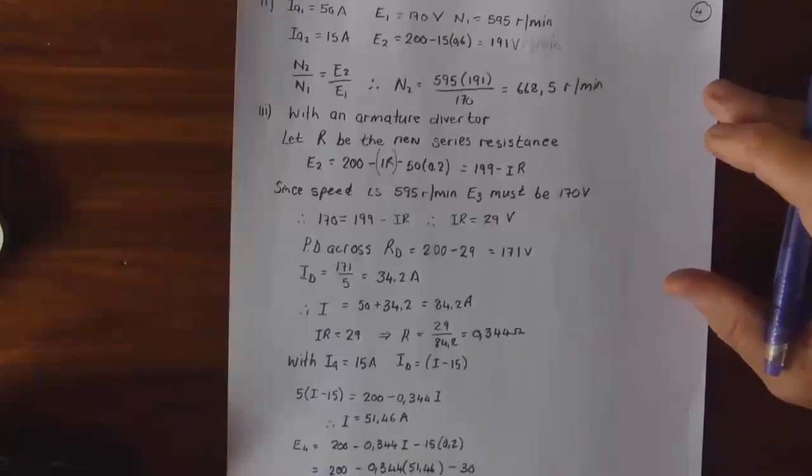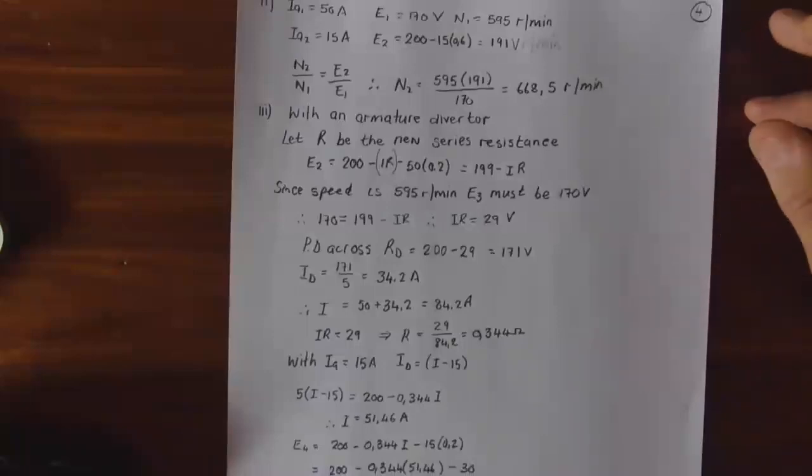And the diverter current then will be 171 divided by 5 ohm, which gives us 34.2 amps. So therefore, the line current will be 50 plus 34.2, which gives us 84.2. And IR is 29. So R is 29 divided by I, that gives us 0.344 ohms.